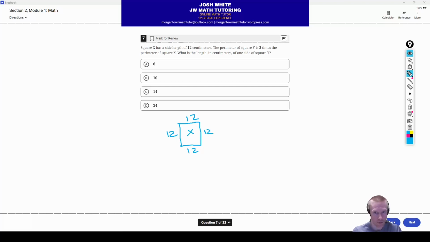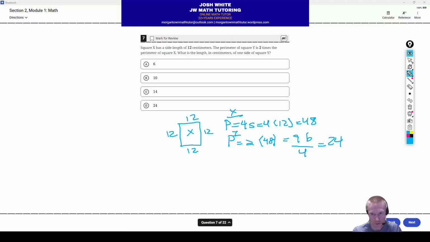So, okay, the perimeter of square x is just going to be 4s, or in other words, 4 times 12. So that is 48. Therefore, the perimeter of square y would be double that, 2 times 48, which would be 96. And then since each side is equal, we can just divide this by 4. So therefore, each side in square y would be 24.